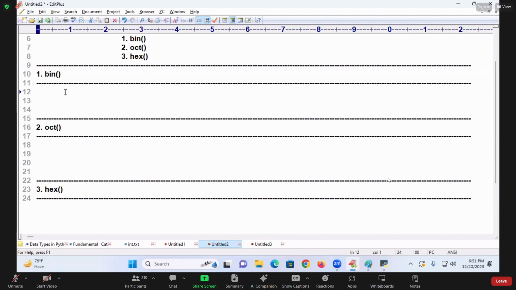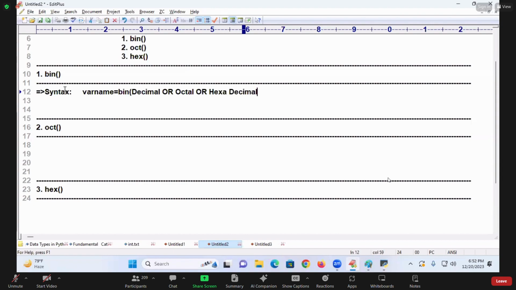Well, let's go for bin off. What is the use of this bin function? Syntax, I'm going to write it. Always syntax: variable name is equal to, and a variable name is nothing but an object in Python, bin off. What is the bin function doing? Decimal data can be converted. You can pass octal data also. Or you can pass hexadecimal data also.